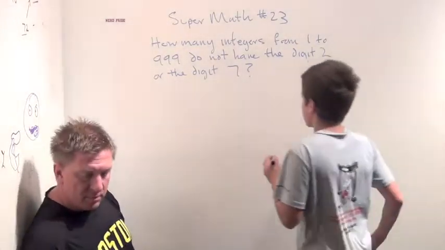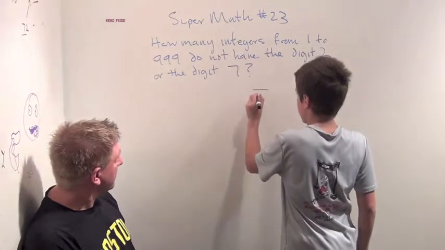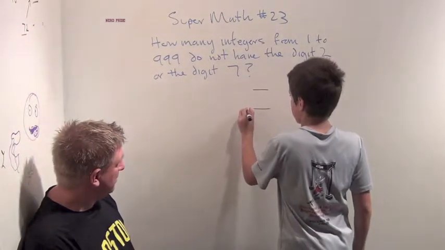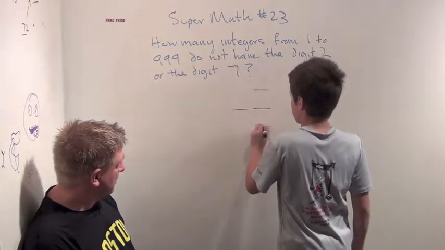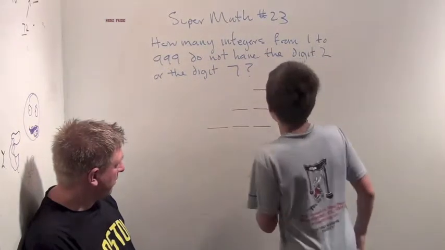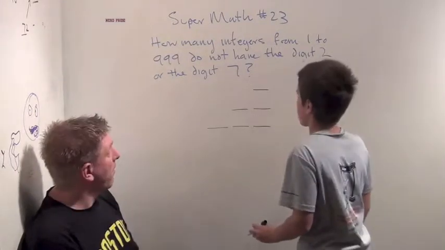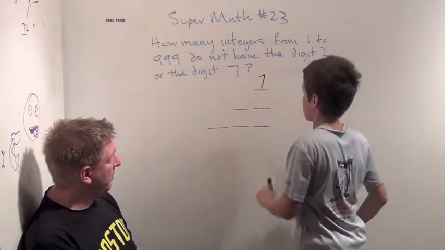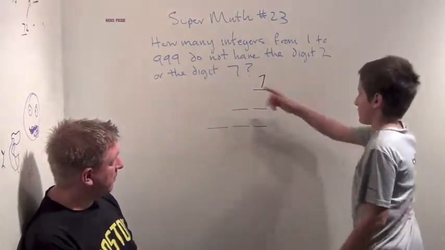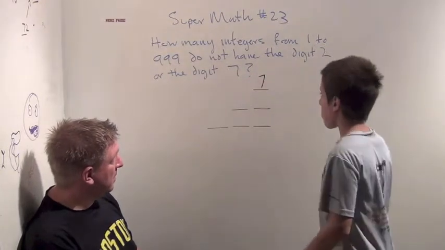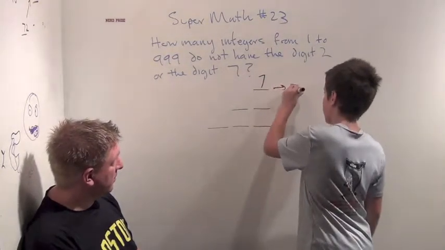So, I'm going to divide it into cases. This is 1 digit, 2 digits, and 3 digits. For 1 digit, there's 7 choices, because we have 1 through 9, and we're missing 2 and 7. So, there's 7 numbers.